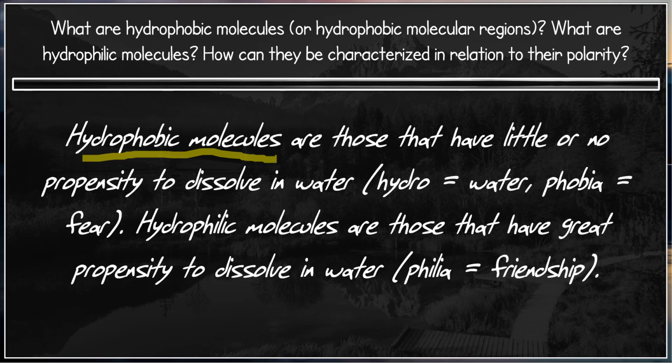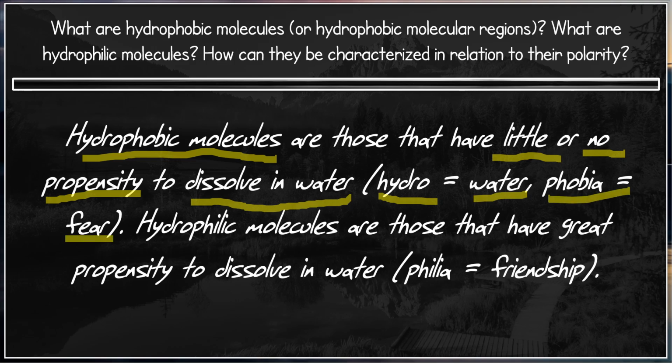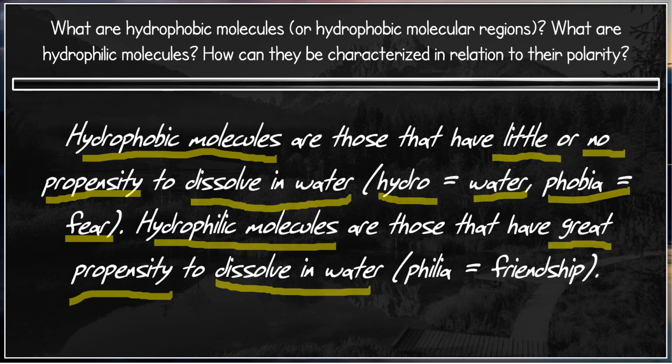Hydrophobic molecules are those that have little or no propensity to dissolve in water. Hydro means water. Phobia means fear. Hydrophilic molecules are those that have great propensity to dissolve in water. Philia means friendship.